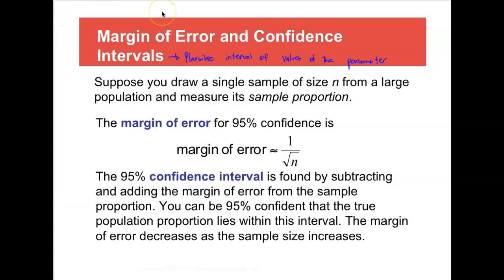And so for a 95% confidence interval, and I'm not going to go too deep into what confidence is, but it is kind of intuitive. It means you're 95% sure that the true number falls on this interval, okay? For a 95% confidence interval, the margin of error is roughly 1 divided by the square root of your sample size.